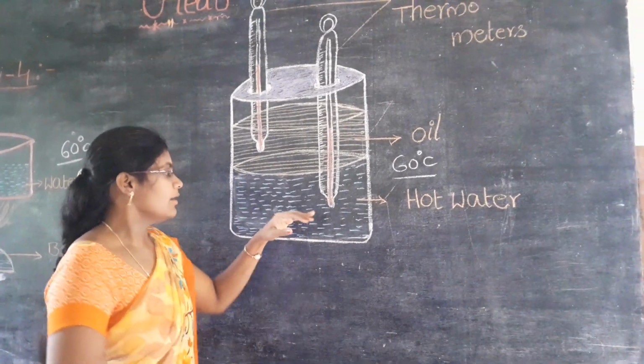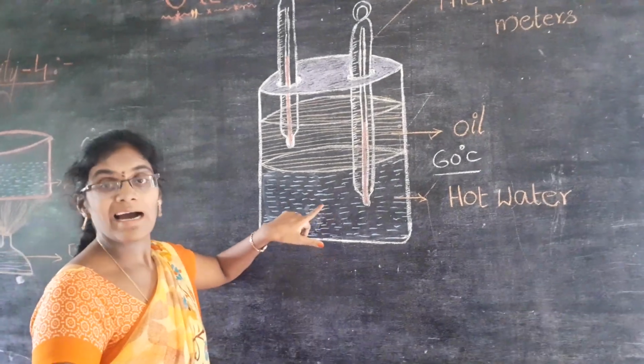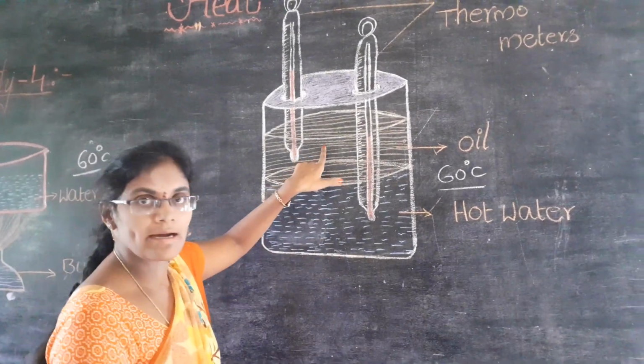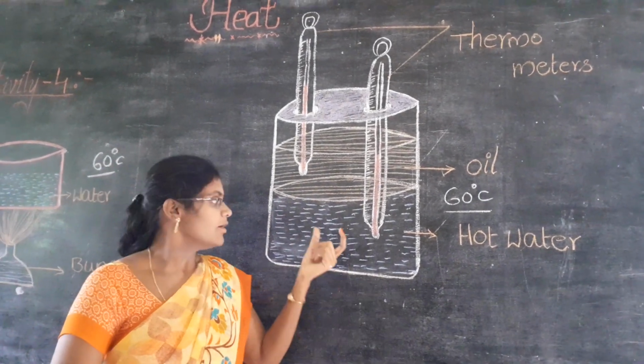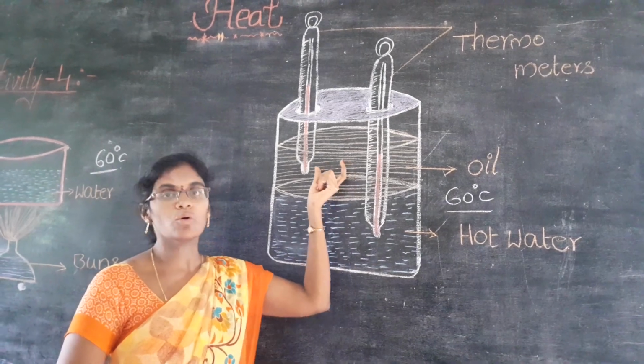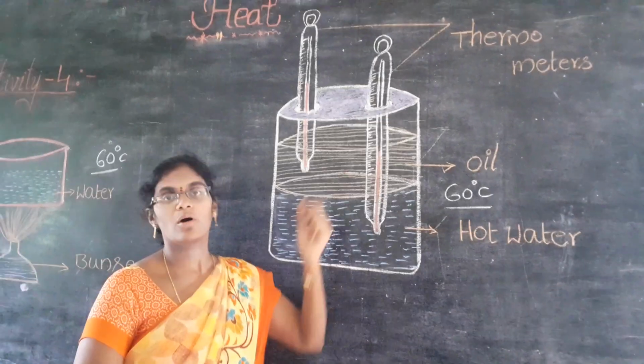Because hot water has high temperature and oil has low temperature. The direction of heat flow is from the high temperature body to the low temperature body. So here heat transfers from water to oil.